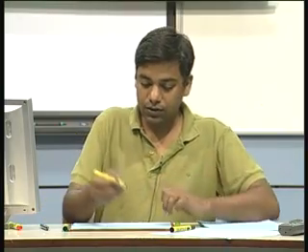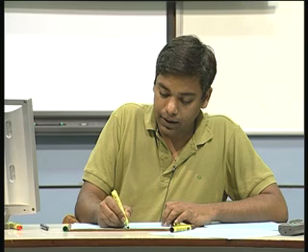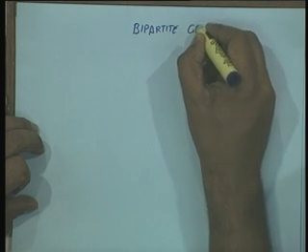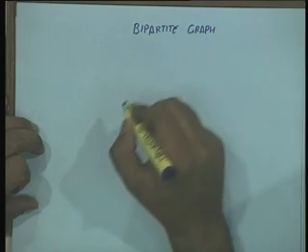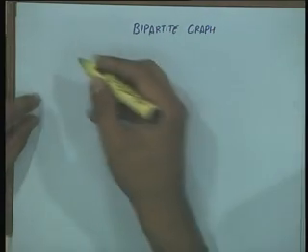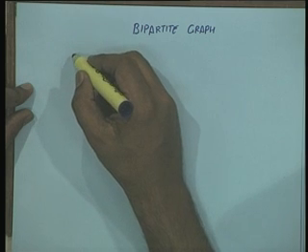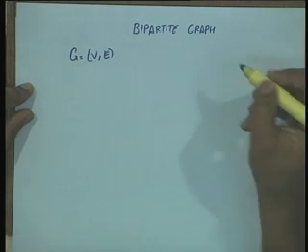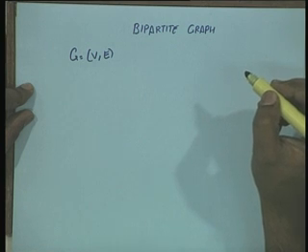Great. So the next application we are going to look at is for what are called bipartite graphs. First let me define for you what a bipartite graph is. We are given a graph G. Recall, a graph is given by a set of vertices and a set of edges.